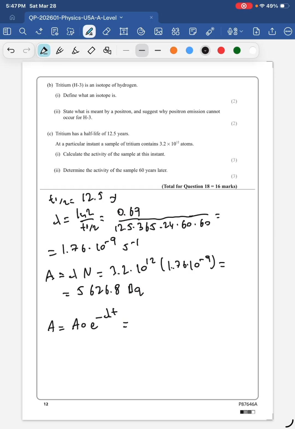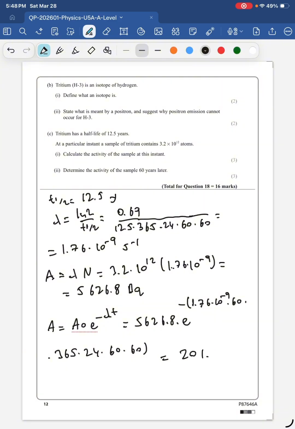So this is 5626.8 times e to the negative 1.76 times 10 to the negative 9 times 60 years, and then we have to multiply 60 years times 365 times 24 times 60 times 60, and this is still in that exponent. I hope this makes sense. And this is equal to 201.4 becquerels.